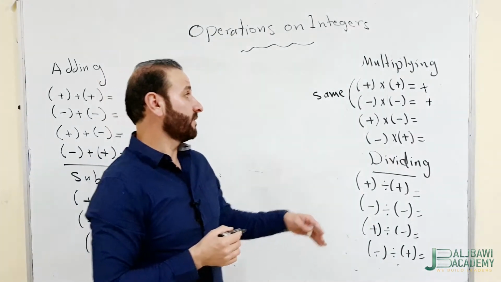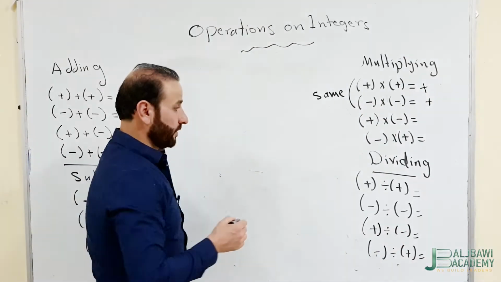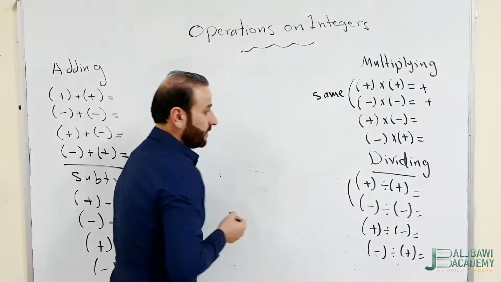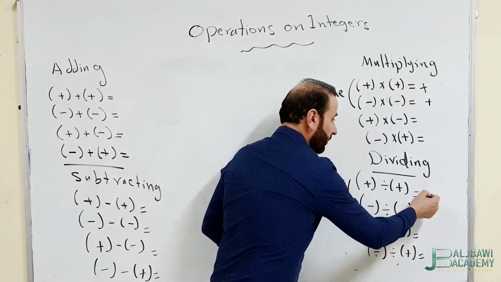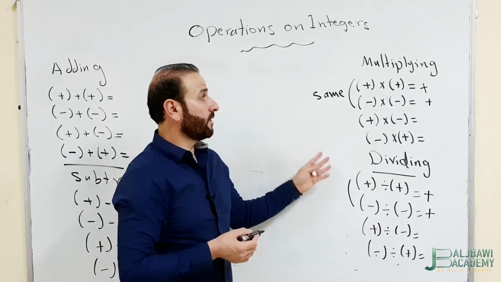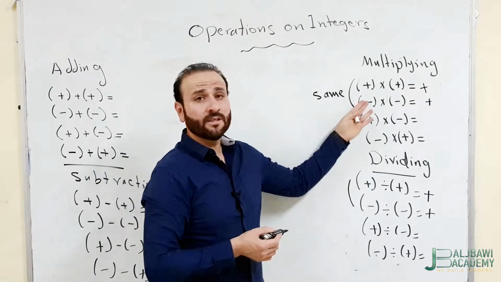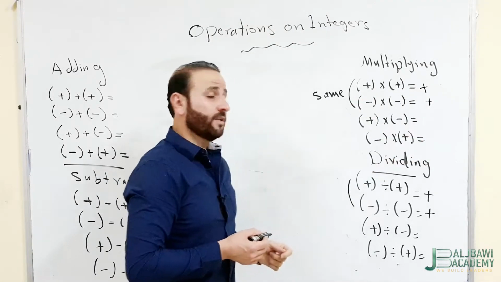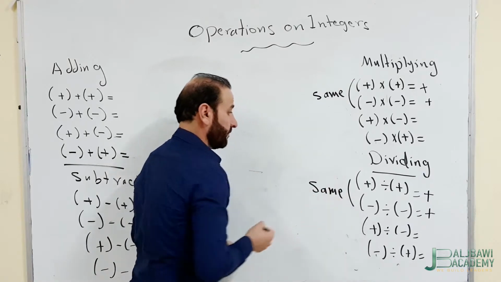This applies to multiplying and to division. When we divide the same signs, the answer will be positive. So we can say now in multiplying and dividing integers, if they have the same sign, the answer will be positive. So same sign, positive.